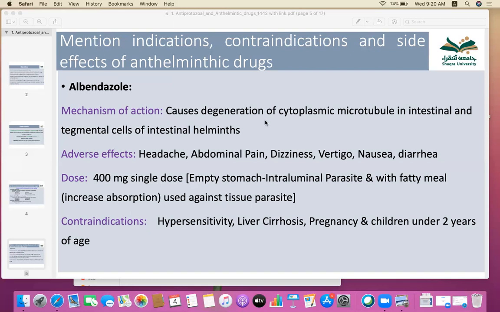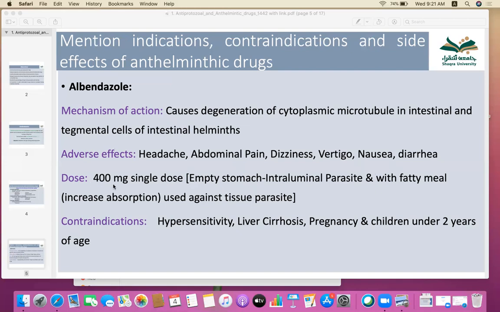What are the side effects, or we can say adverse effects? Headache, abdominal pain, dizziness, vertigo, nausea, and diarrhea.